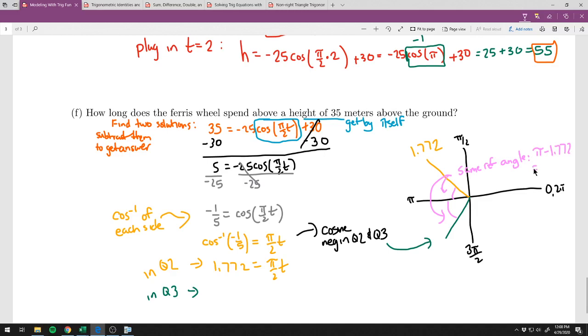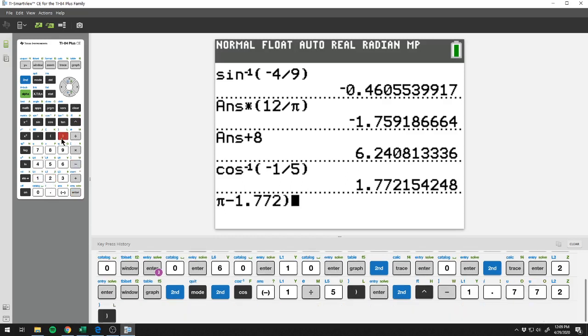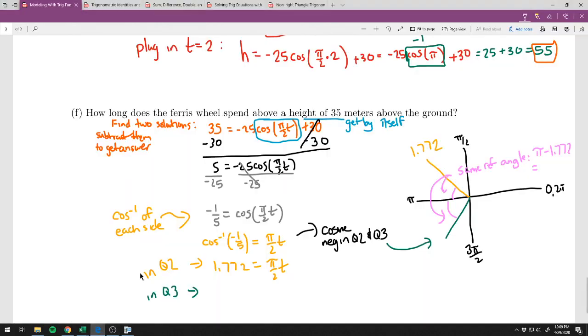Let's see what that is. Pi minus 1.772. Oops. And we get 1.369, 1.37. Well, let's just go 4 spots. 1.3696.